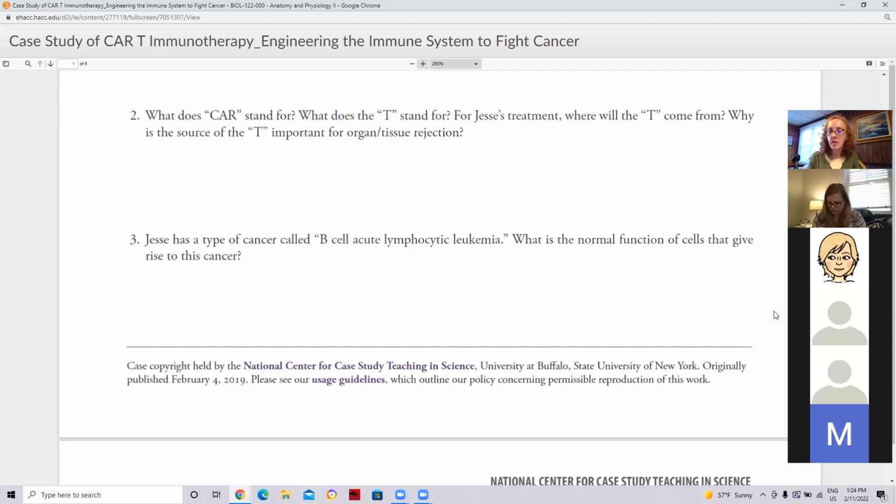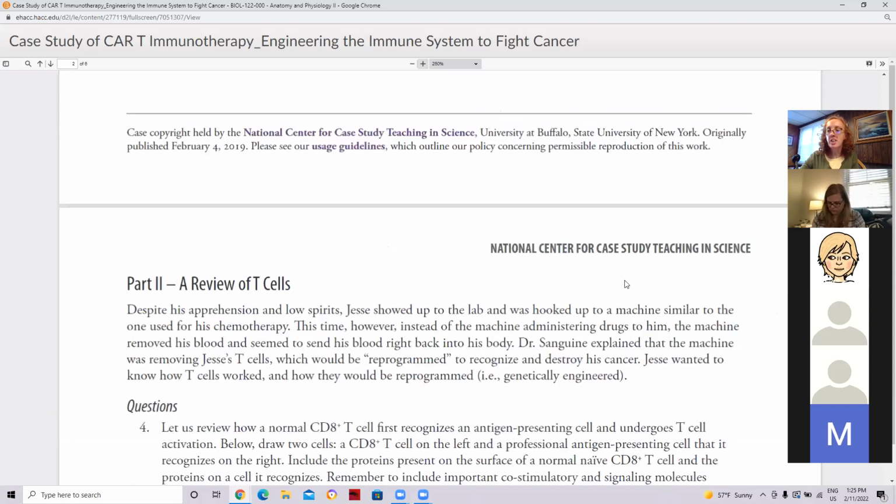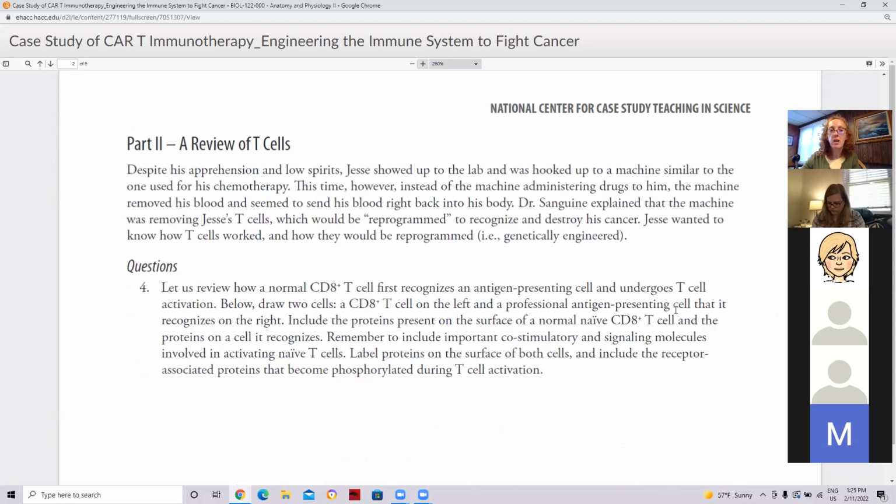And then they're going to produce some plasma cells, mostly plasma cells, and then a few memory cells. But in this case, they're not doing that at all. They're just proliferating, whether they've gotten an antigen that's activated them or not.